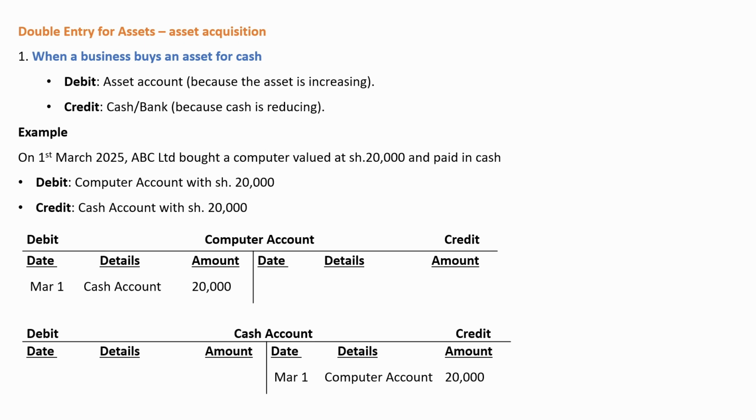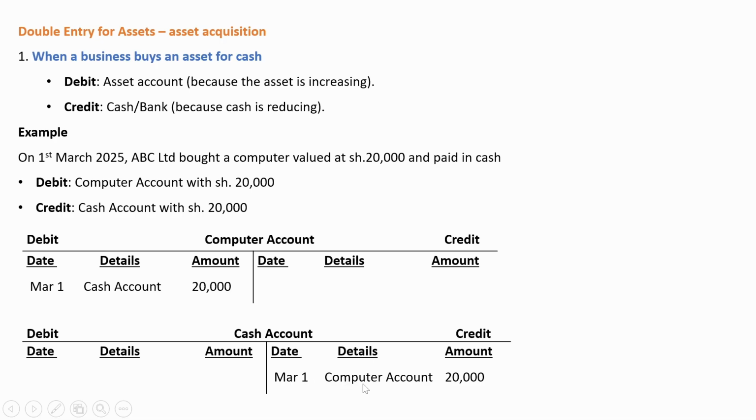Use the same format, the T format. The format is usually the same. So just show the title. The title is cash account. So on the credit side, because cash has reduced, we have recorded the transaction on the credit side. So we said credit cash account with 20,000. Start with the date.